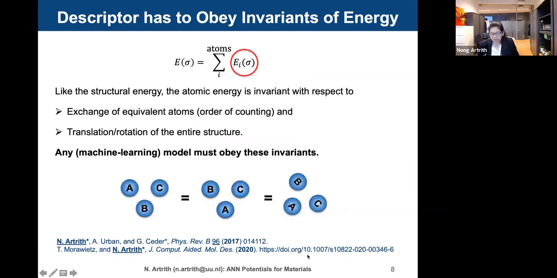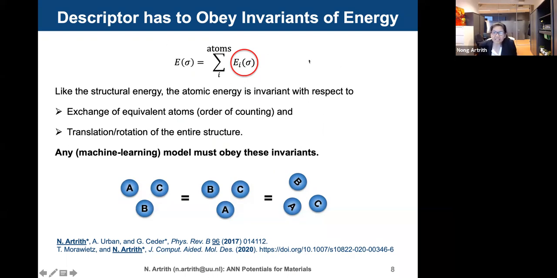Actually, in our work, we only use neural networks to interpolate our machine learning models. But the most important point I would like to make is that the descriptors, or the input nodes, are also very important. As an introduction, the descriptor has to follow the invariance of energies.